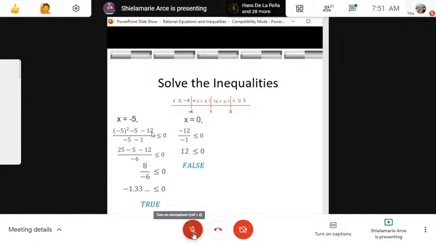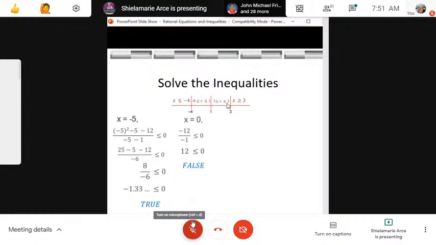So hindi rin siya kasama. Magiging positive kasi yung left side mo eh. Pag positive, that is not less than or equal to 0. So hindi rin siya part ng solution. Ano po? Tinetesting ko lang. Pwede nga. Okay. So, ibig sabihin na itong version na to, hindi na siya kasama sa ating solution set.